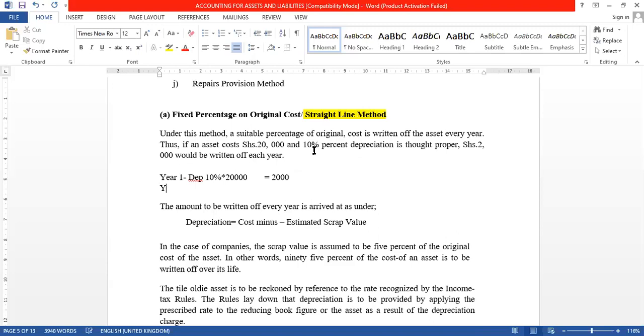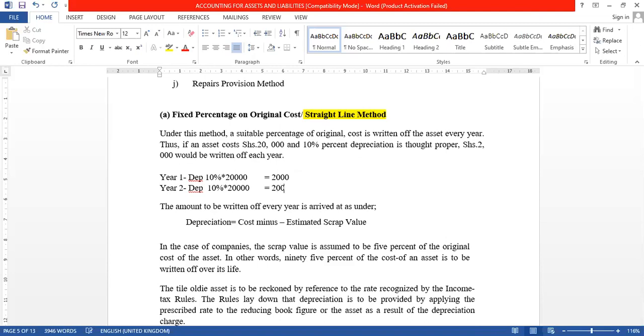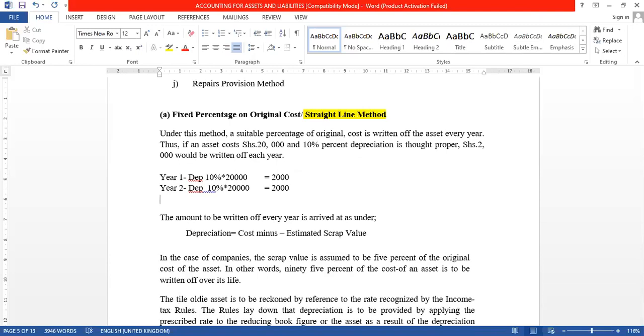Year two, depreciation will again be 10% of 20,000, which gives us another 2,000, right?